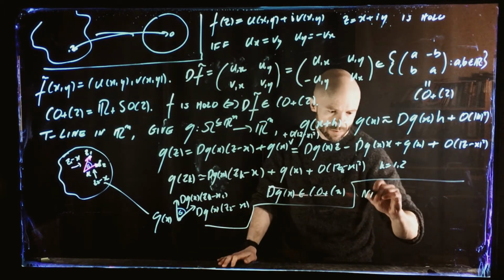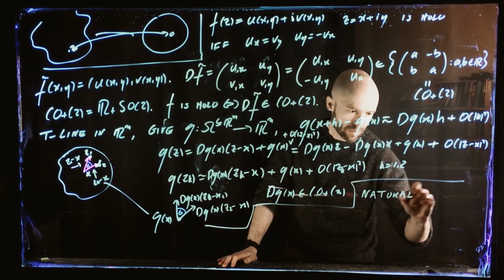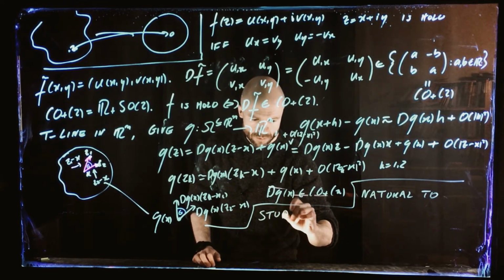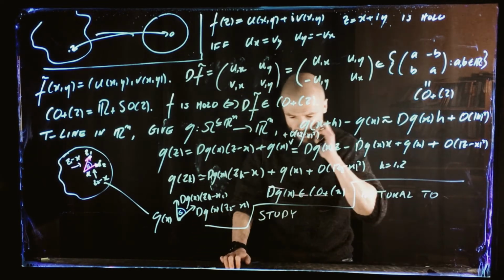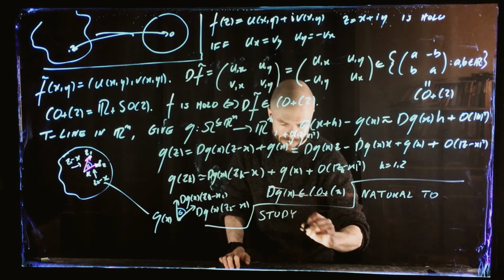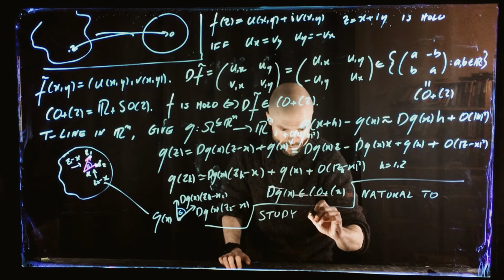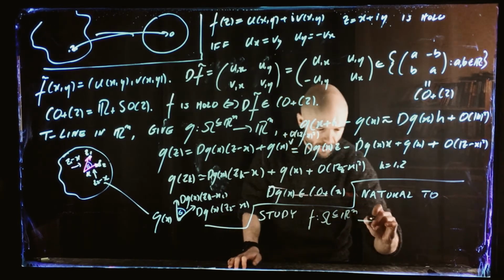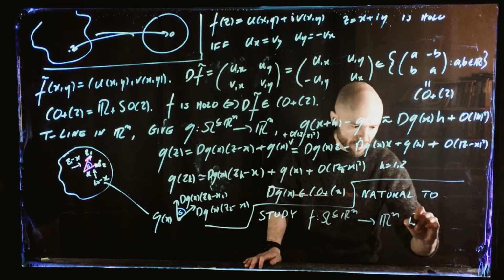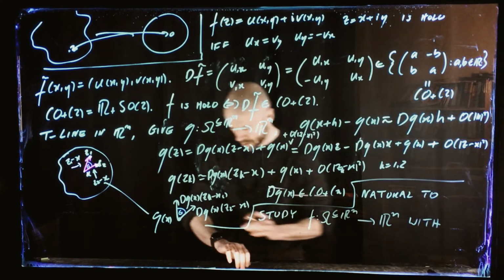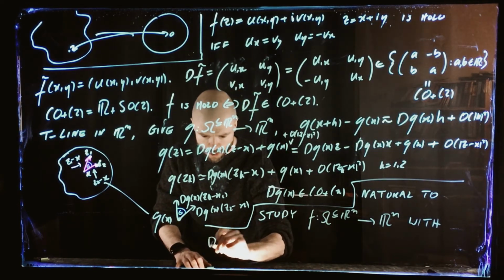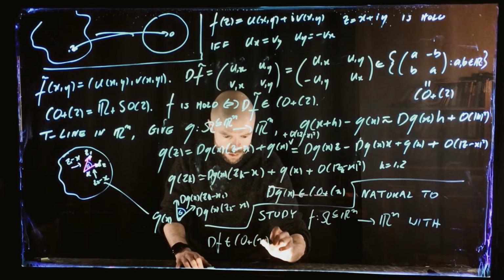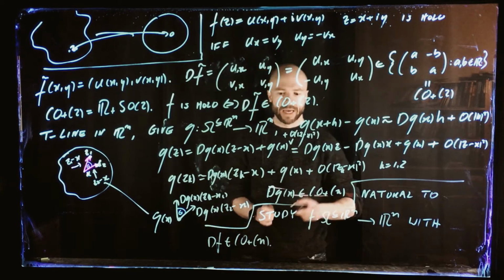So it is natural to study mappings from omega in Rn into Rn with df belonging to this set.